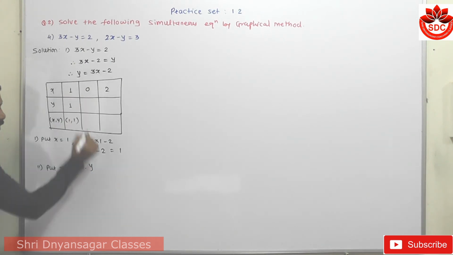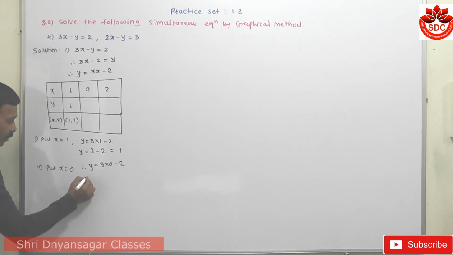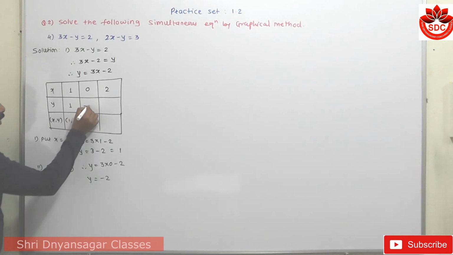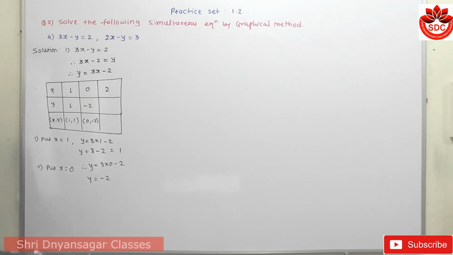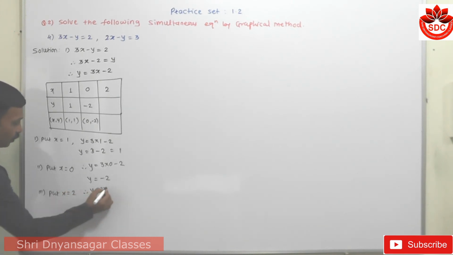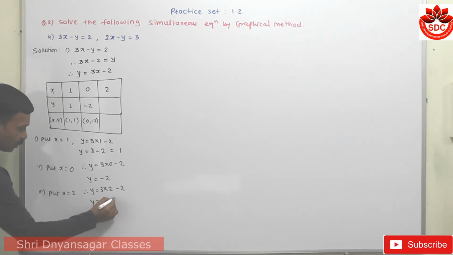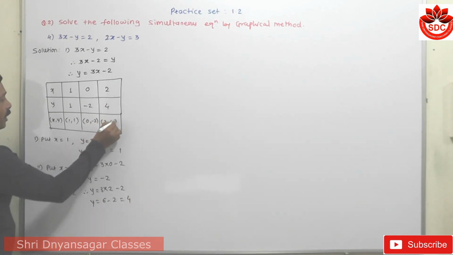Therefore, y is equal to 3 into 0 minus 2. 3 into 0 is 0, 0 minus 2 is minus 2. So 0 and minus 2, which lies on the y-axis. Then third, put x is equal to 2. Therefore, y is equal to 3 into 2 minus 2. 6 minus 2 is equal to 4. So 2 and 4 is the third ordered pair.